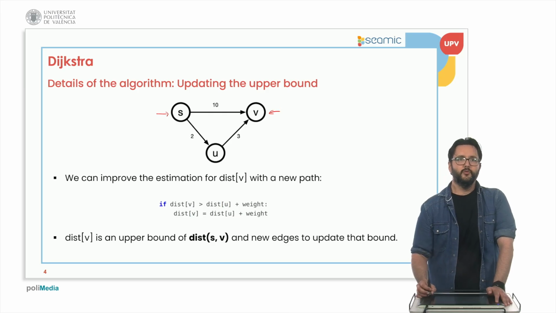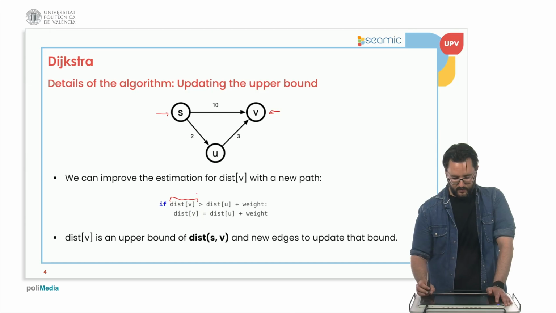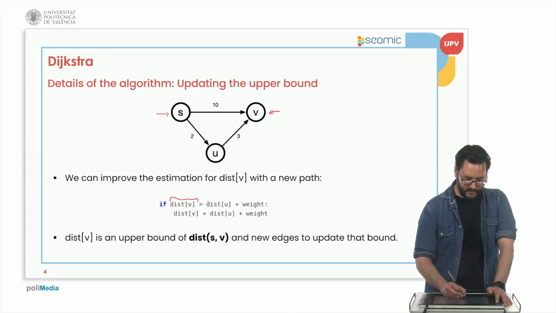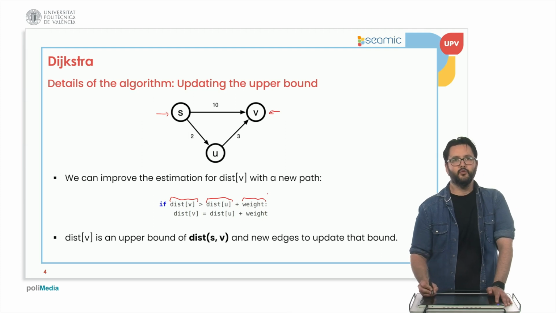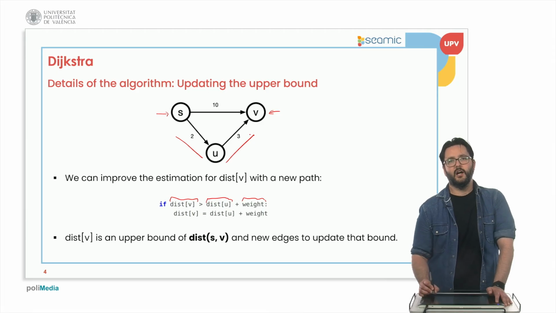We can improve this path after visiting U. In this case, the distance to B is larger than the distance to U plus the weight from U to B. In this case, we can follow this path here that will have a cost of 5. So again, this structure will store an upper bound of this distance, and new edges will update that bound.